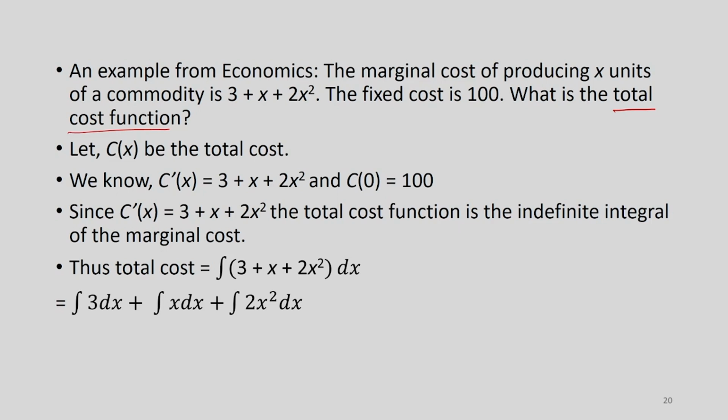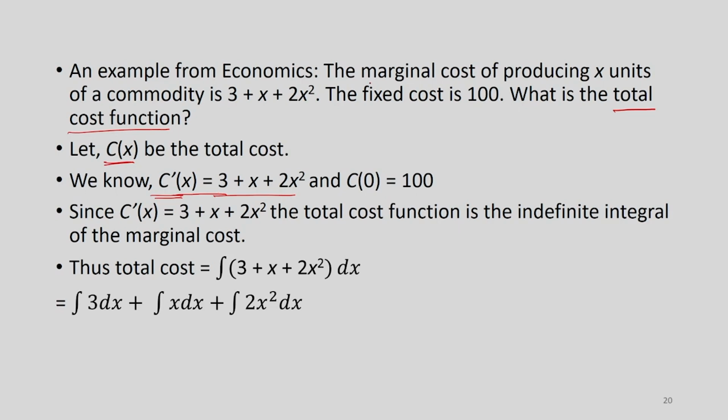Now, let us assume that C, which is a function of x, is the total cost function. What we know is that if I take the derivative of C(x), then I get C prime(x). This C prime(x) is equal to 3 plus x plus 2x square. This is the first information we know. And why am I writing this?